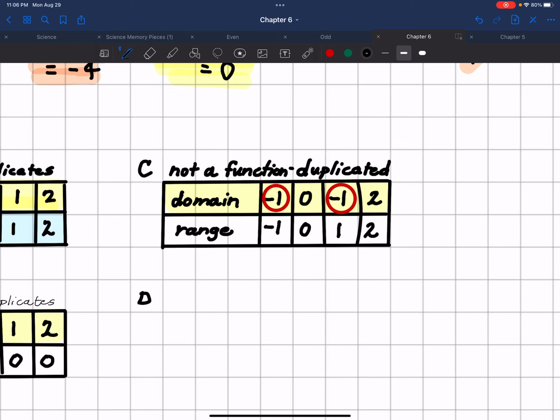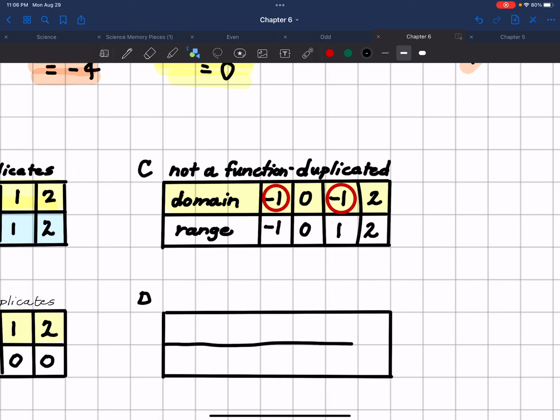Okay, let's go ahead and do D just for practice. And sometimes in this book we have 2 correct answers, so we'll see. So you put your domain in and your range in.